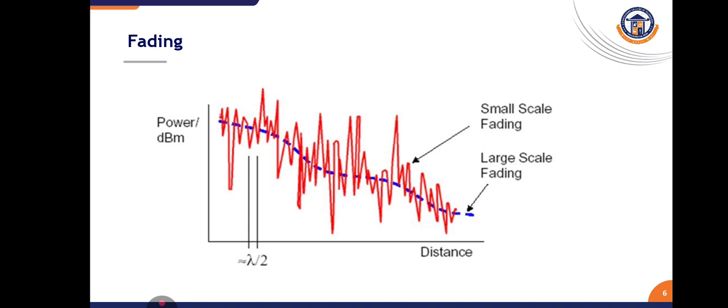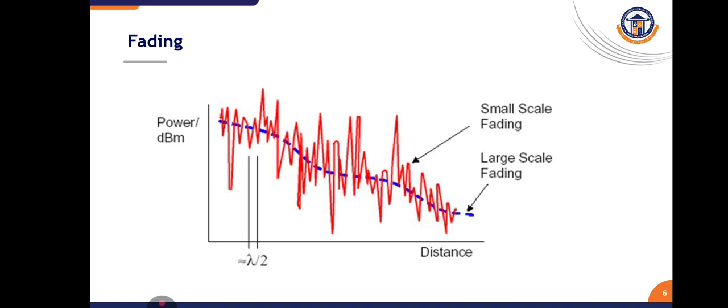The power variation occurs over large distances. There are two models used for large scale fading: the long distance path loss model and the log normal shadowing model.